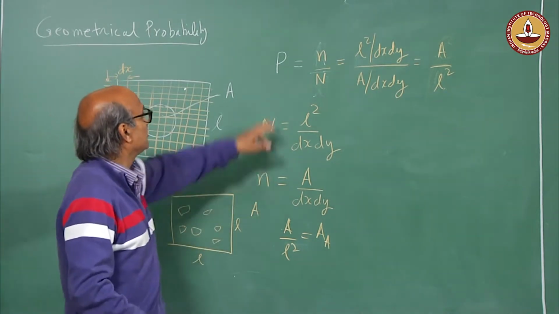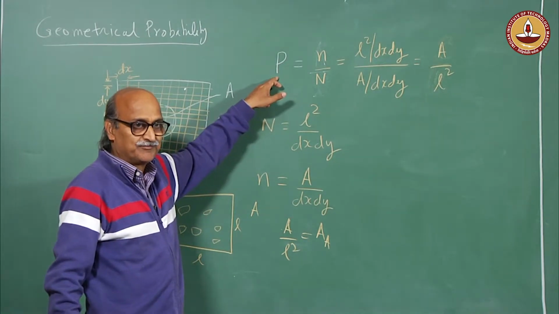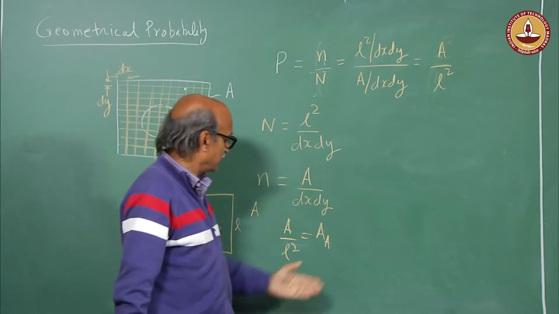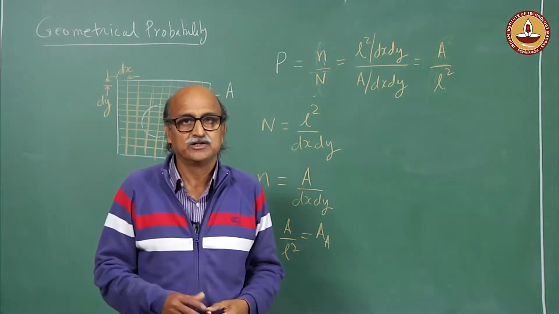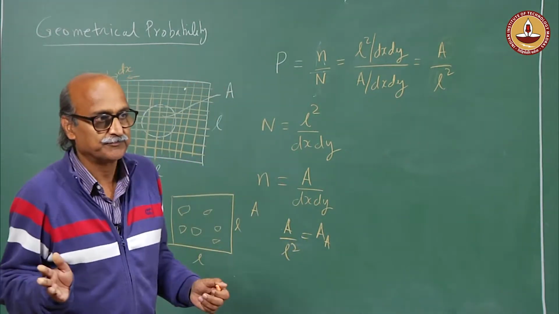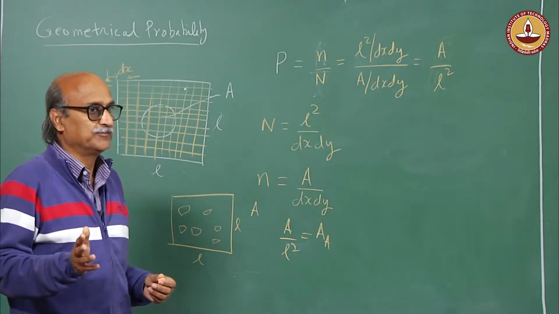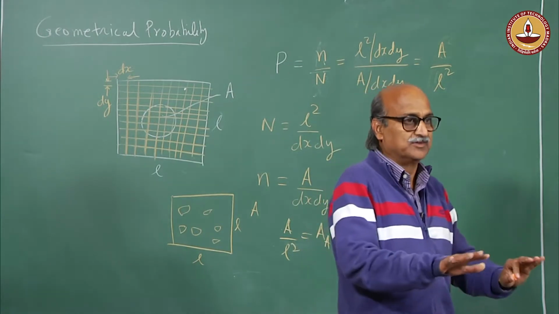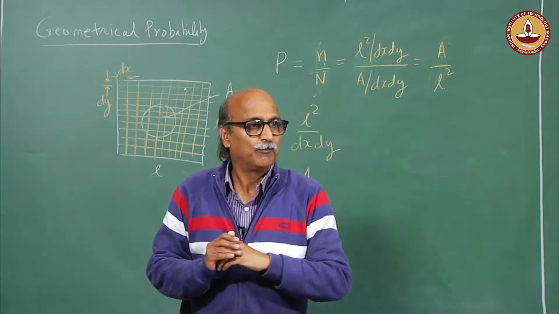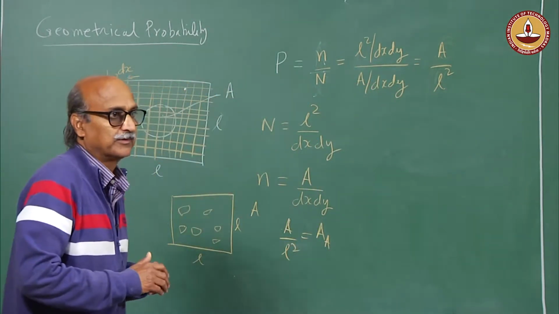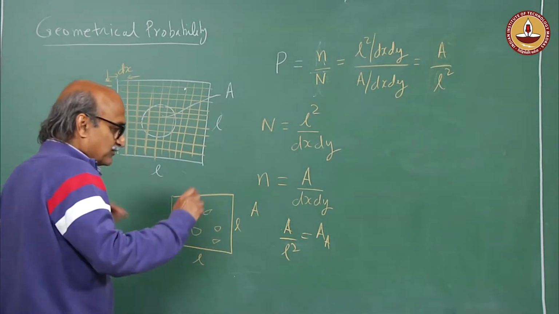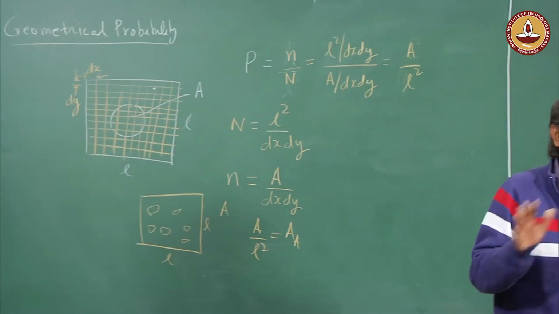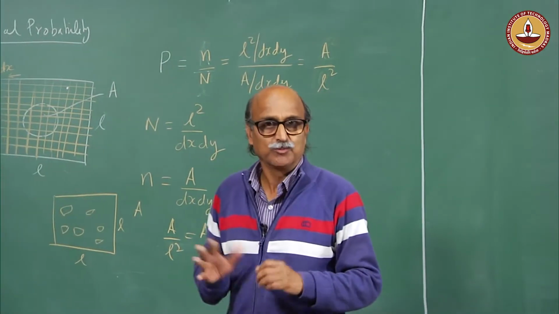We are trying to estimate this probability, and that is why point fraction would directly give you an estimate of the area fraction. Okay. So, I have shown you one simple basis for the point count technique. Okay. Now, let us take up a couple more problems associated with geometrical probability.